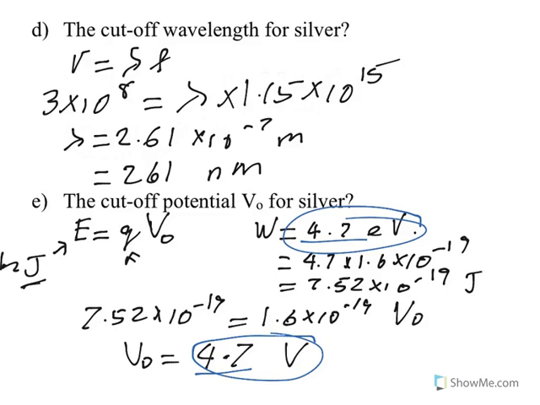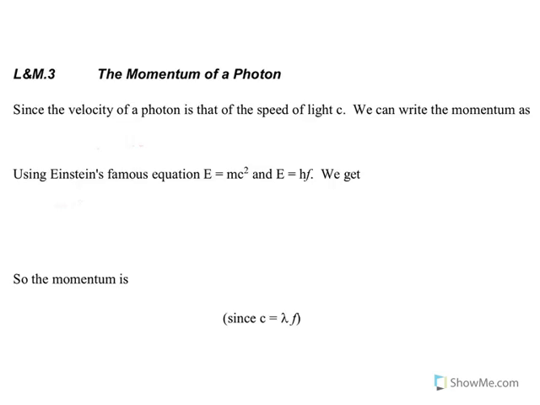Alright, so there's our equation and all the rest of photoelectric. So then what some bright spark came up with and said, well, if light is these photons, which are these particles, then particles should have momentum. So the velocity of a photon is the speed of light, and we know that momentum is mv.